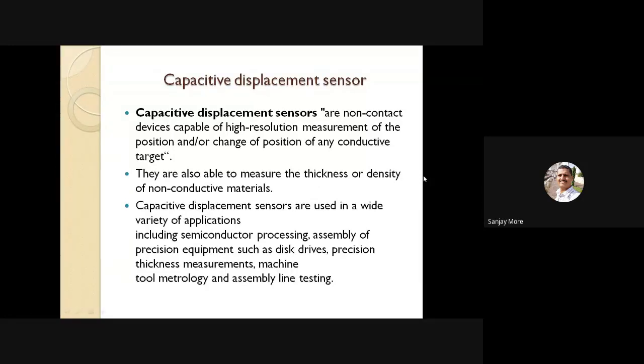Capacitive displacement sensors are non-contact devices capable of high resolution measurement.